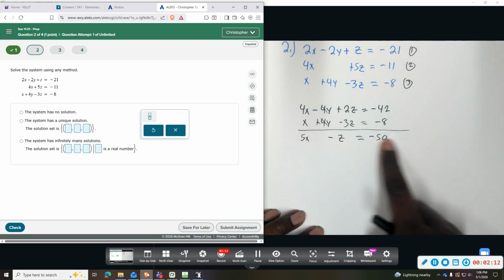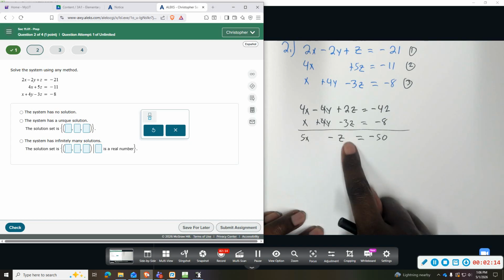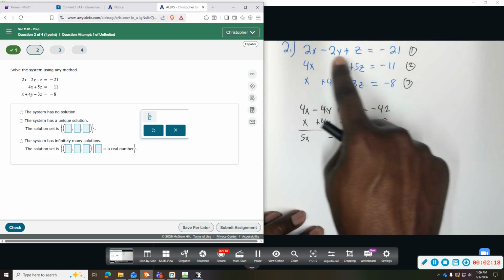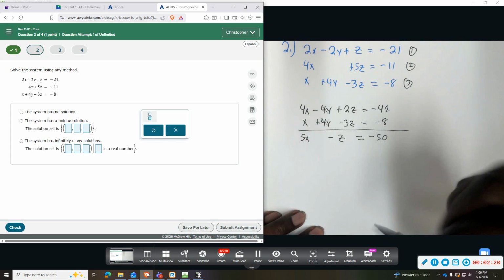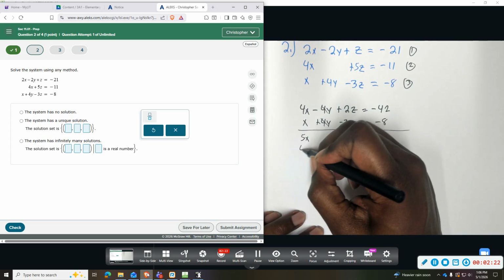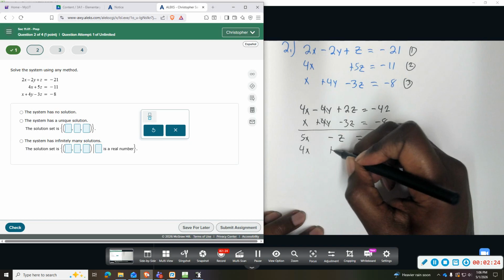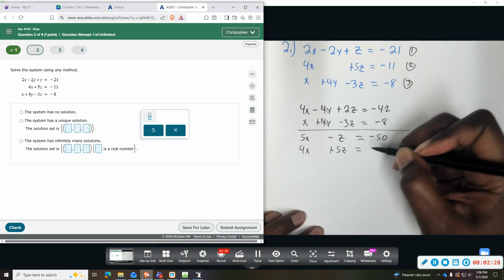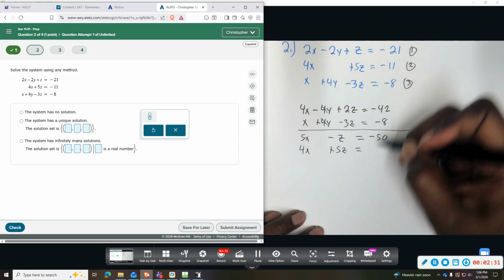All right, so I have an equation in terms of x and z. I'll also have this one in terms of x and z, so I'm going to bring it down. And we're going to try to eliminate one more variable. So I got 4x plus 5z equals negative 11.